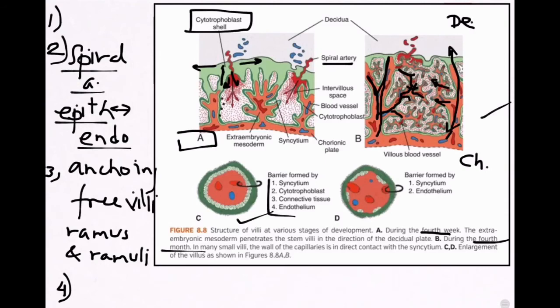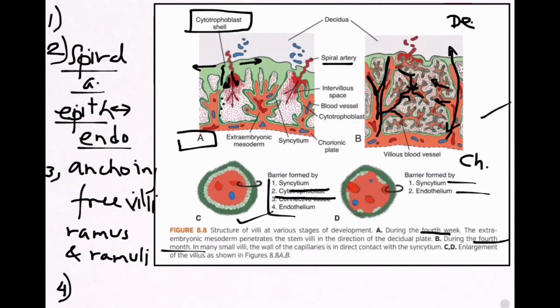The cytotrophoblast eventually thins out, the connective tissue eventually thins out, and the placental barrier, or let's call it the placental membrane at term, is formed basically just by syncytium and endothelium. Again, whenever you say endothelium, always remember that the basement membrane is what comes first, and then the endothelial cell.